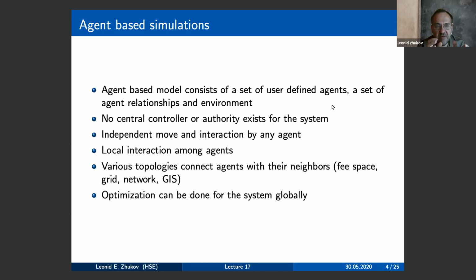Now, you can think about various topologies of interaction between agents. It can be free space, it can be a grid, it can be a network. The example for virus propagation is agents on a network. It can be a geographic information system if you want to model road networks, etc. And then when you look at the system as a whole, you can do some type of optimization.